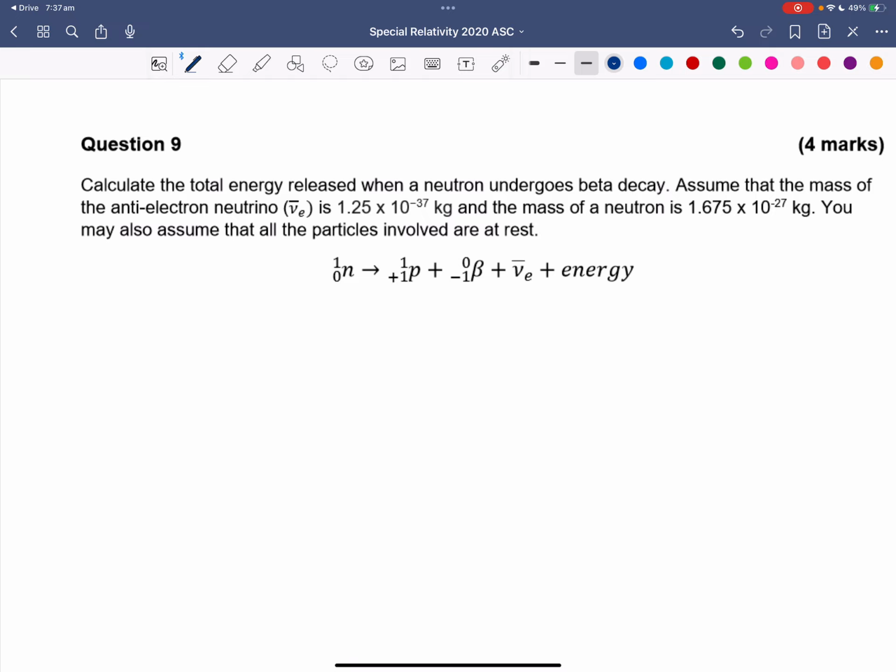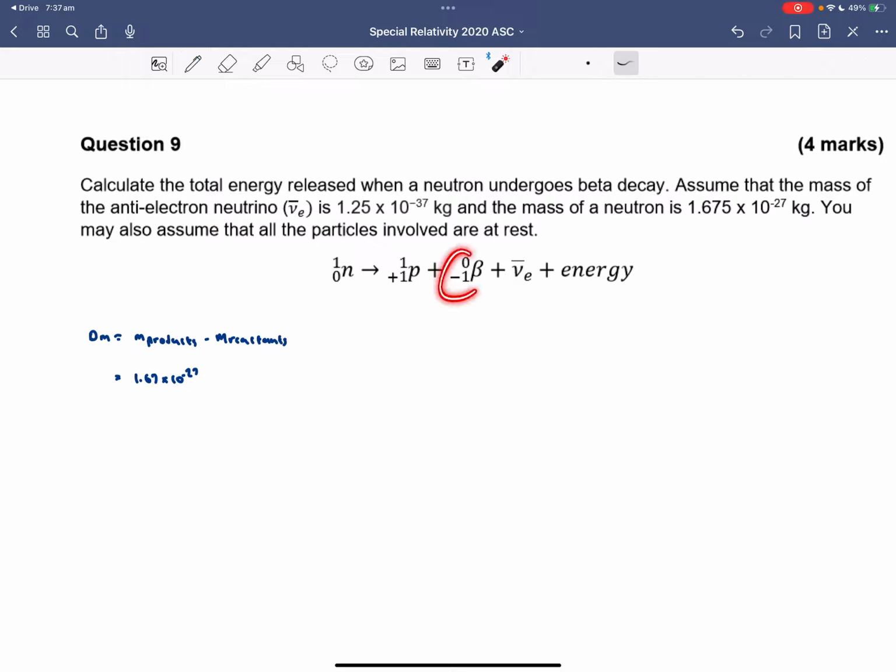So first we have to work out the mass defect. The mass defect is the mass of all the products minus the mass of the reactants. So what are the products? The products are this, this, and that. This is a proton, so 1.67 times 10 to the negative 27, followed by a beta negative particle.